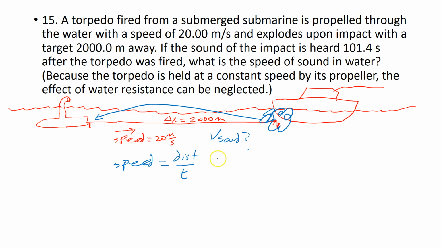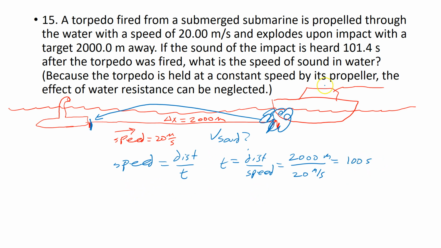We want to know how long it takes, so time is equal to the distance over the speed. Our distance from the torpedo to the ship is 2,000 meters, and the speed is 20 meters per second. If I solve for that time, it takes 100 seconds for it to get there.